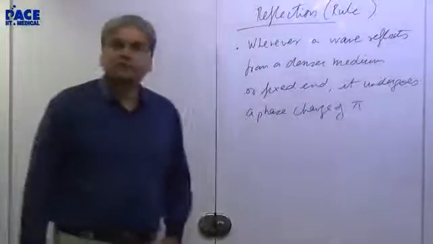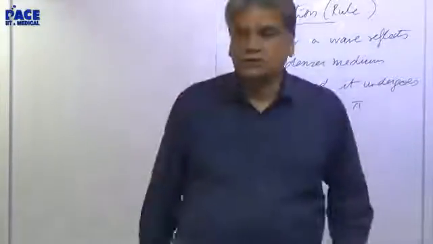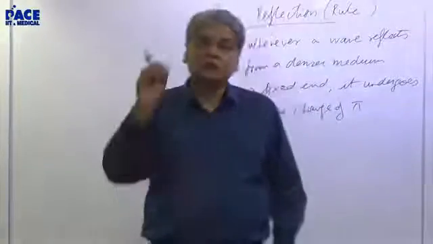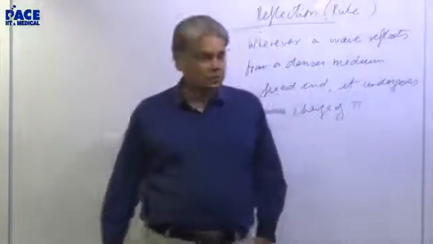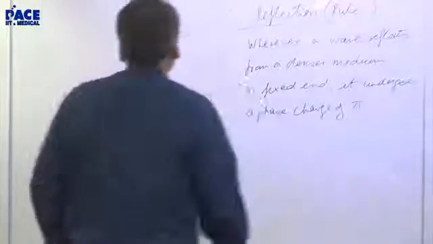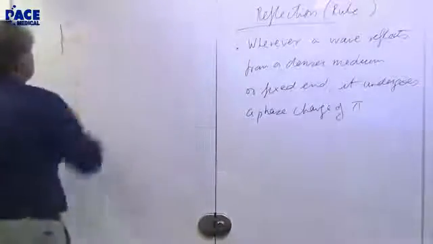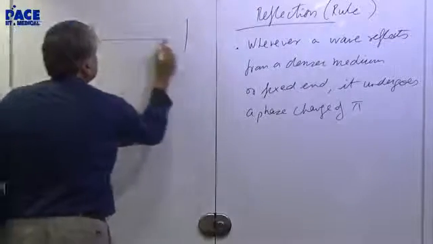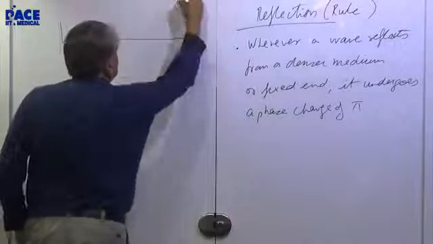Why this happens, I'll explain it in the last section of this portion. But right now I'm just telling you what happens. Why it happens, don't worry. What happens, I've told you. What it means, I'm explaining to you now. See, a pulse is going. This is the pulse. And it's a wall.